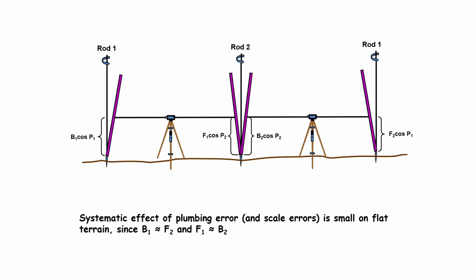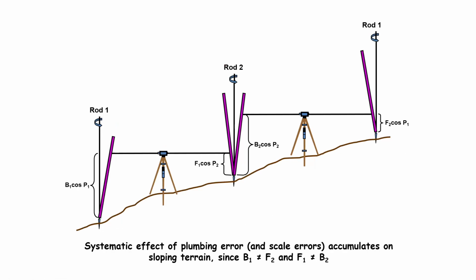Well, it means that sometimes we cannot establish every rod in a true vertical position. Systematic effect of plumbing error accumulates on the sloping terrain since B1 is not equal to F2.